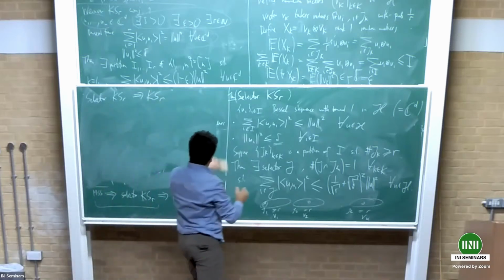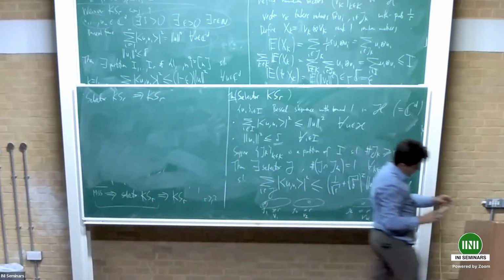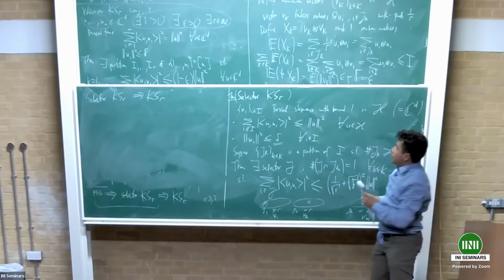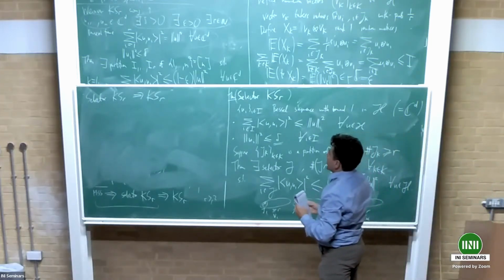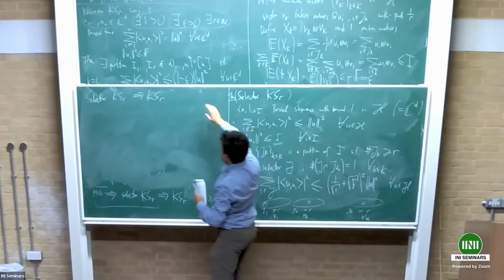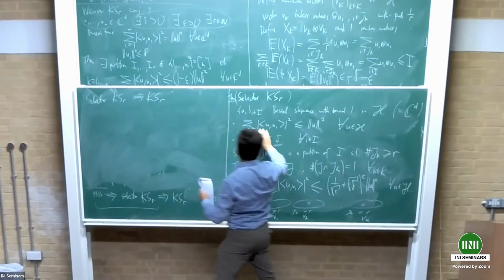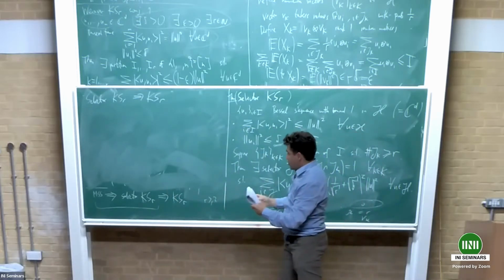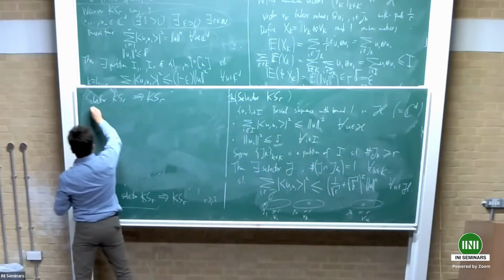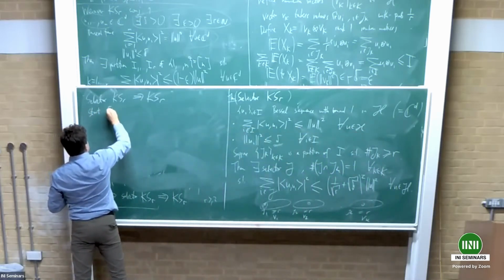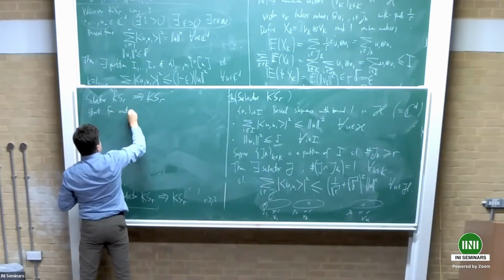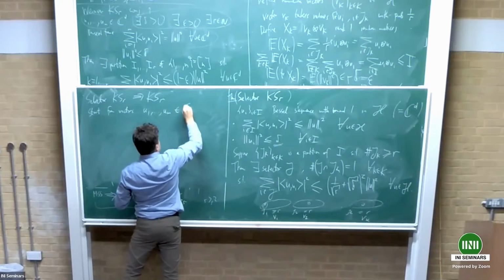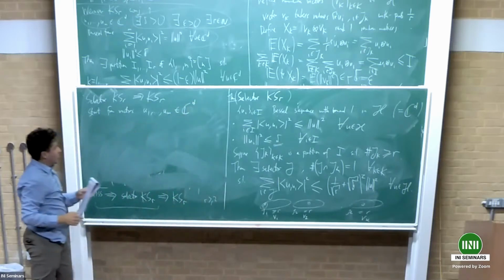So let me try to explain that. What do we want to do? We want to somehow prove Weaver's KSR conjecture, but knowing KSR. So let's start from vectors, let's say U1 to UM, that are in our finite dimensional space.